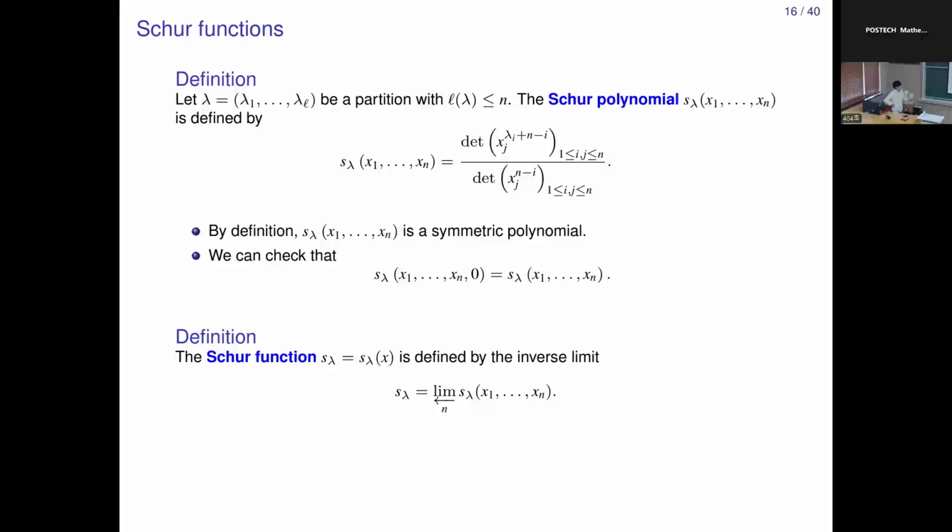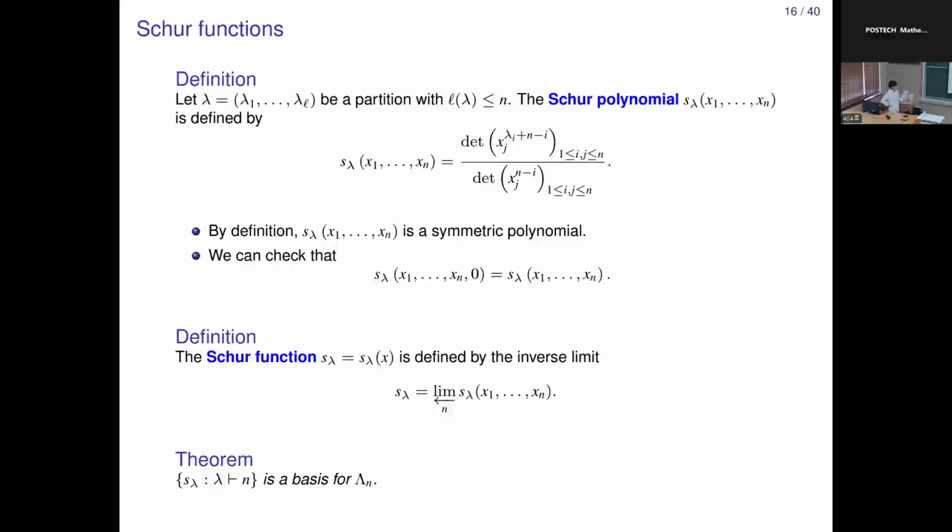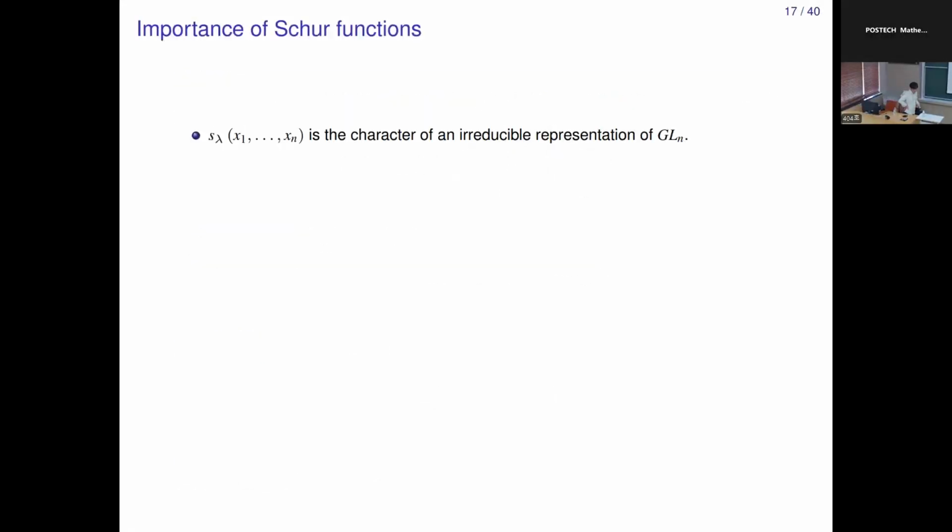If you are not familiar with the inverse limit, that's okay, because I'm going to give you an equivalent definition. And the fact is, this is also a basis for the space of symmetric functions. Schur functions are considered to be the most important symmetric functions for various reasons.